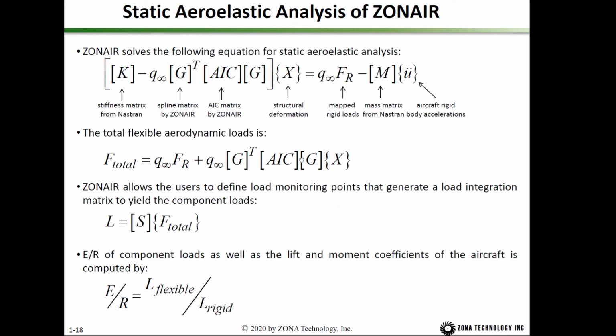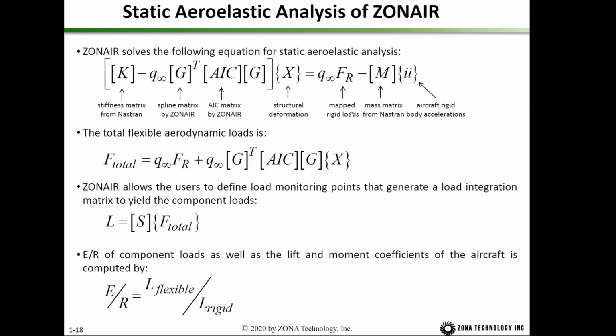And how does ZONAIR perform the static aeroelastic analysis? This is the equation shown here. This is the stiffness matrix. This is the AIC matrix computed by ZONAIR. This is the spline matrix computed by ZONAIR, and this is the unknown structural deformation.